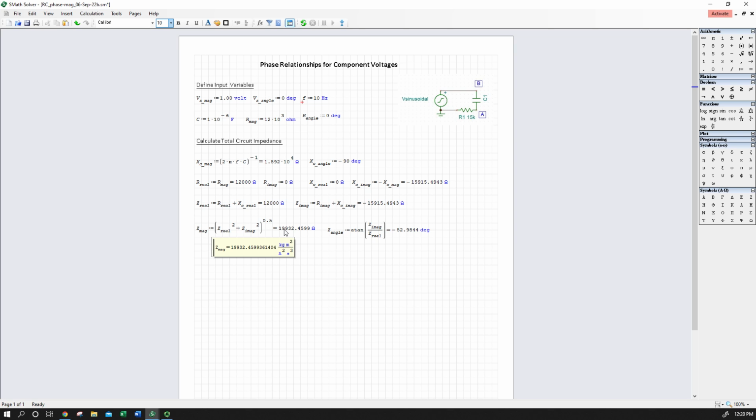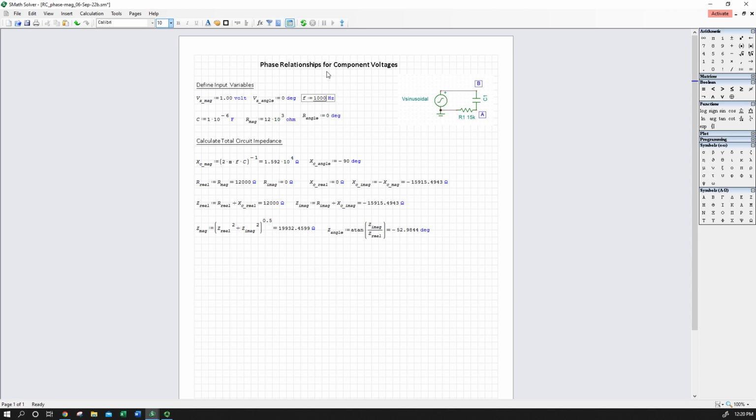So 12,000 of that is coming from the resistor. The rest is coming from the capacitive reactance. And our phase angle has pulled from less than 1 degree negative to negative 52. So that is going in the right direction. That's a good confirmation that we haven't made a calculation boo-boo or an entry error.